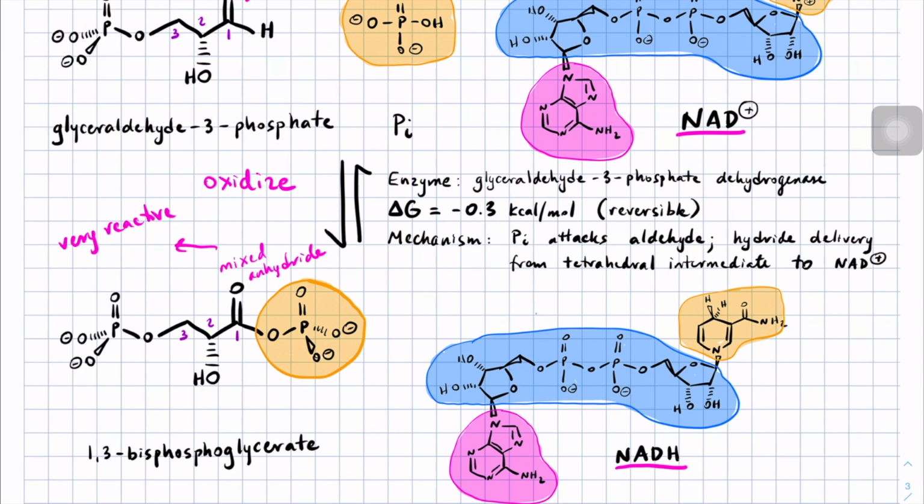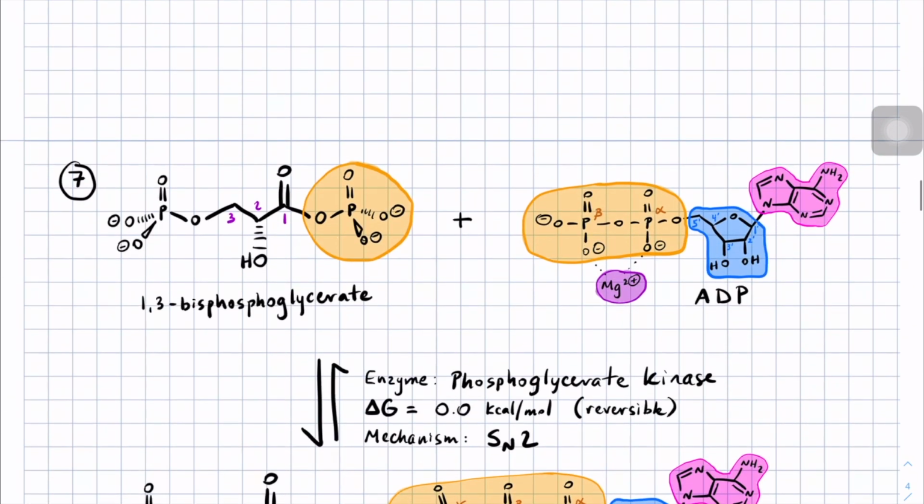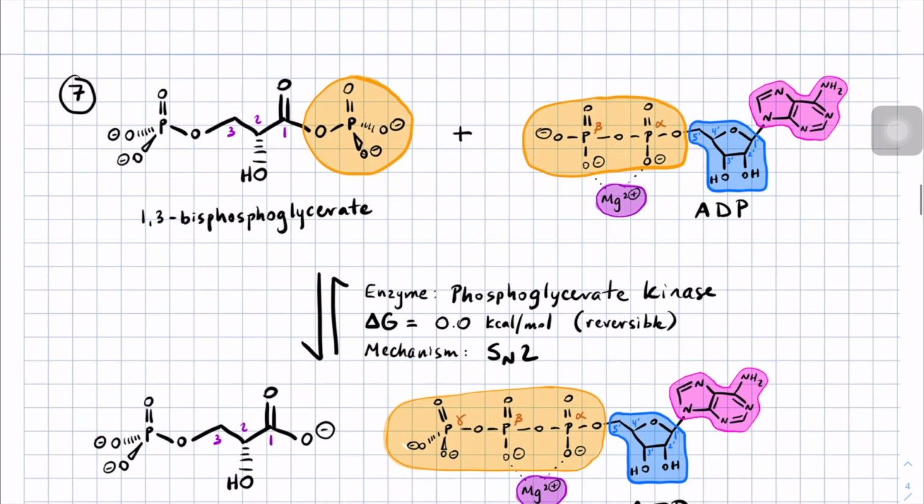And we're going to need that because we're going to use 1,3-bisphosphoglycerate to convert ADP into ATP. So here is our next reaction. 1,3-bisphosphoglycerate reacts with ADP to generate ATP and 3-phosphoglycerate.